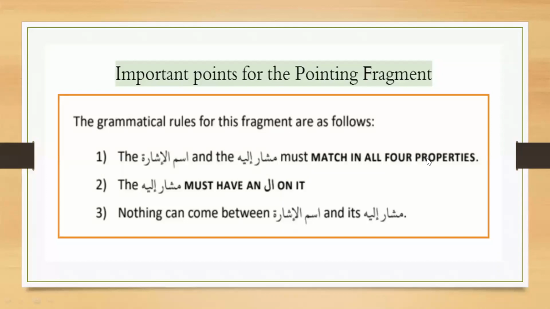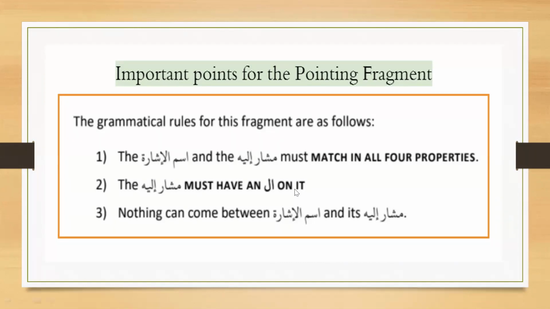Remember the mausoof sifa, right? Mausoof sifa, they also match in all four properties. So this is the second one which matches in all four properties, because this fragment is also a combination of two ism. The second important rule is the mushar ilay must have an al on it.